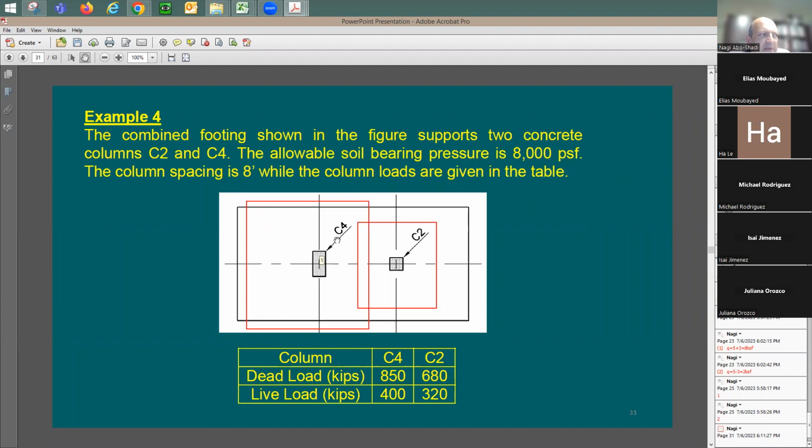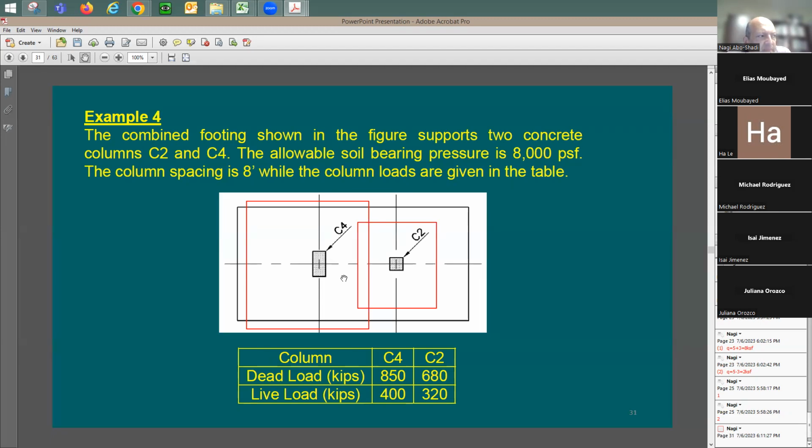Now the overlap. So you know what? Let's just make it one footing. It's going to be cheaper and easier in construction. Maybe I can do one big footing here. So I need to combine it.